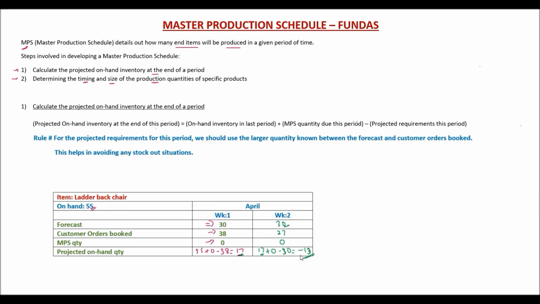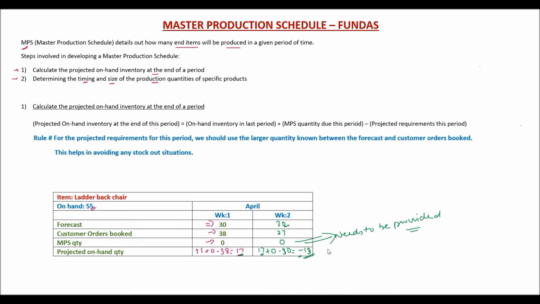So this negative sign shows shortage, and hence an MPS quantity needs to be made available in order to avoid the stock out. So basically this here needs to be provided.